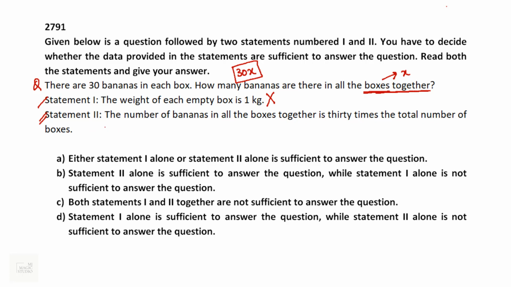That means statement 2 says the number of bananas is 30x, and we know the number of bananas is 30x, but we are looking out for the value of x, and there is no value of x in statement 2 even. Both the statements combined also are not sufficient to find the answer. I'll go with both statement 1 and 2 together are not sufficient to answer the question. Option C fits in.